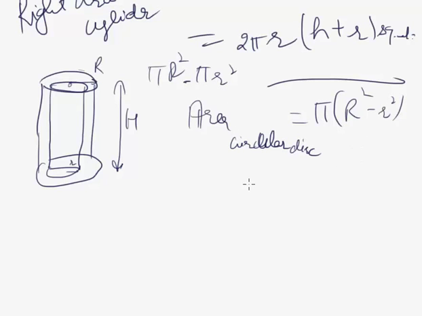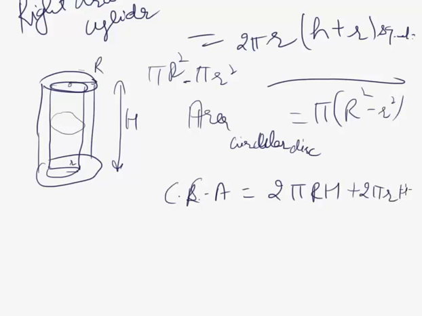So in such a case curved surface area will be firstly 2 pi R h for this outer curved surface area as well as 2 pi r h for this internal curved surface area, where for internal we have small r.